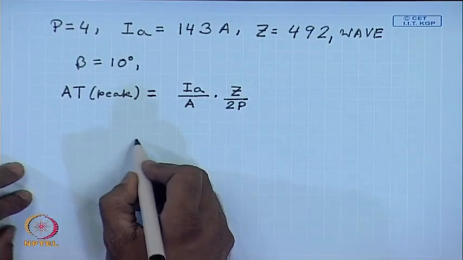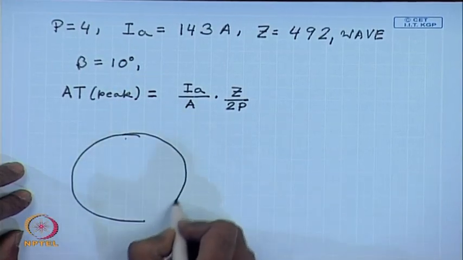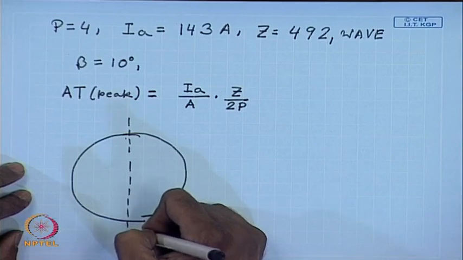If we look at the picture, let us say this is the nominal magnetic neutral axis.